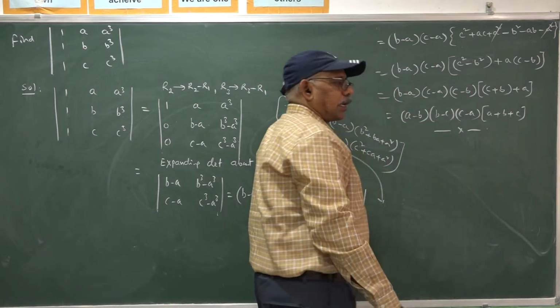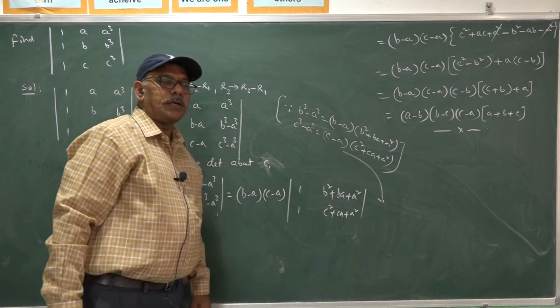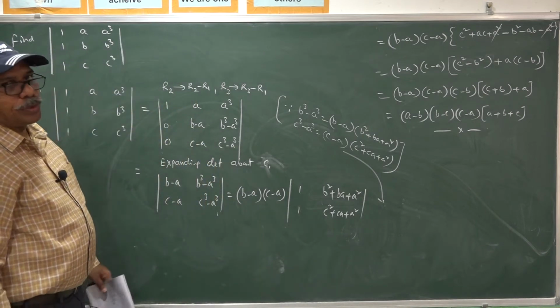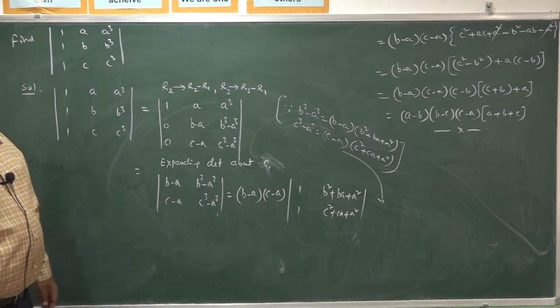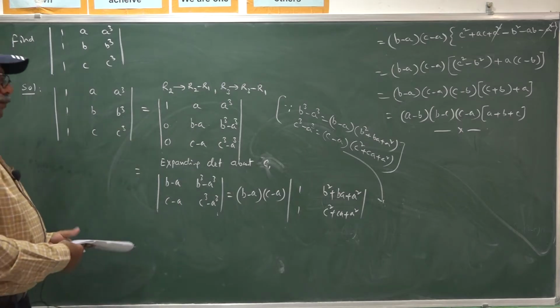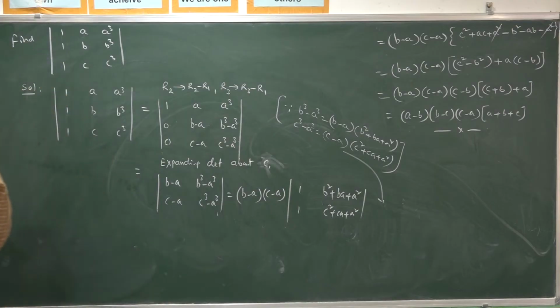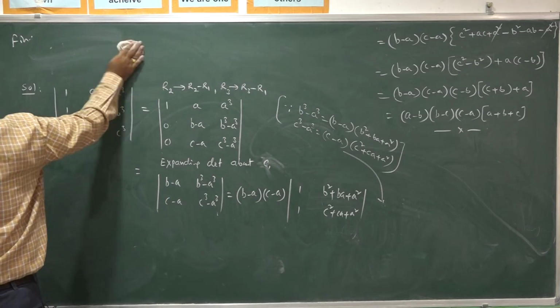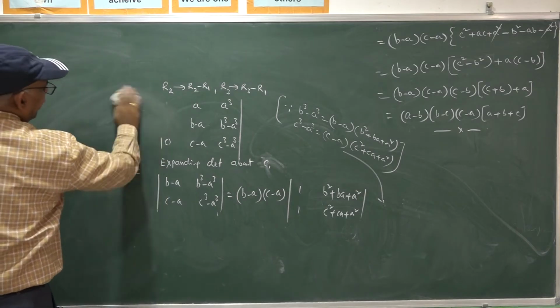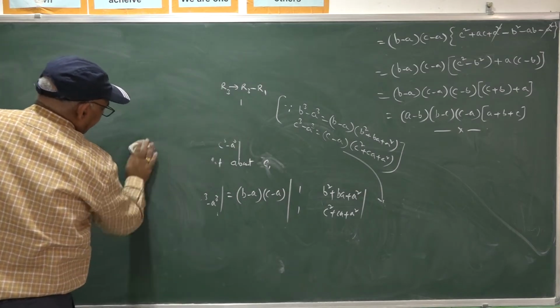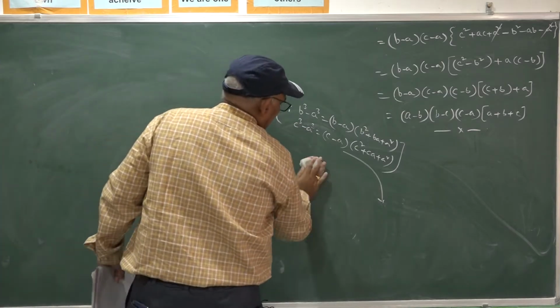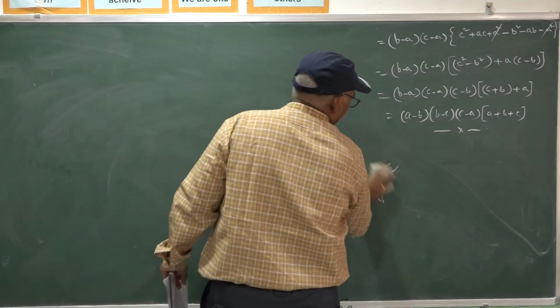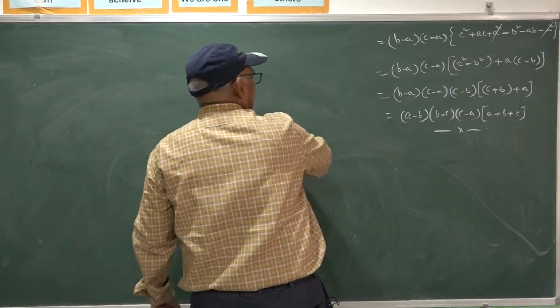So this is the required determinant value: the determinant of 1 1 1, A B C, A cube B cube C cube is A minus B, B minus C, C minus A into A plus B plus C. This is also one important determinant. You can use it as a formula also. If any determinant is in such a form, you can straight away use this as a formula.